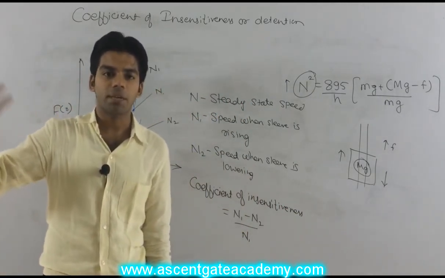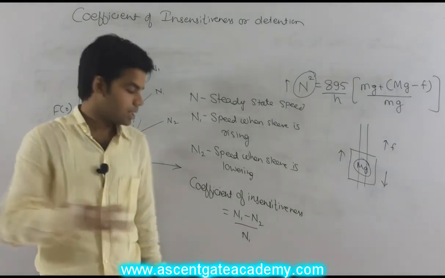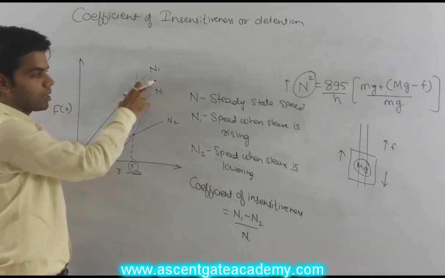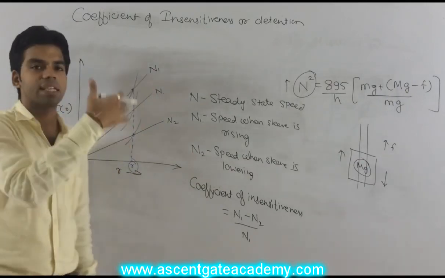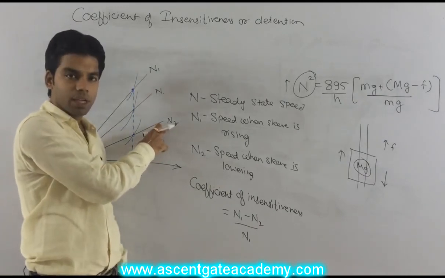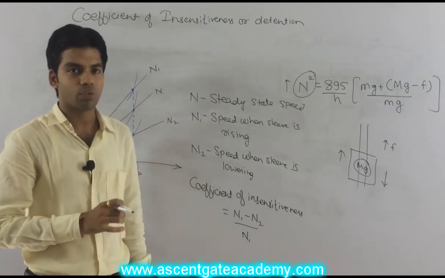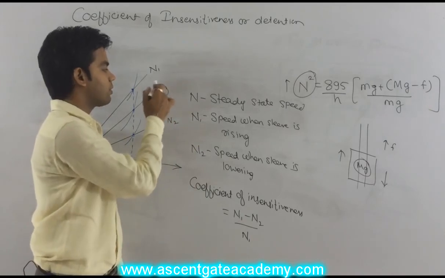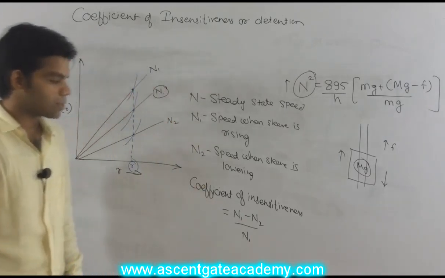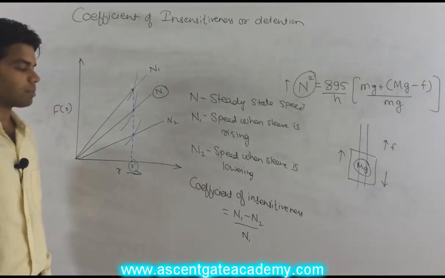That was the range of speed upon mean speed. This is not range of speed upon mean speed. Here n1 is the higher speed, that means the speed when the sleeve is rising. n2 is the speed of the governor when the sleeve is lowering, and n is the speed of the governor at a steady state.